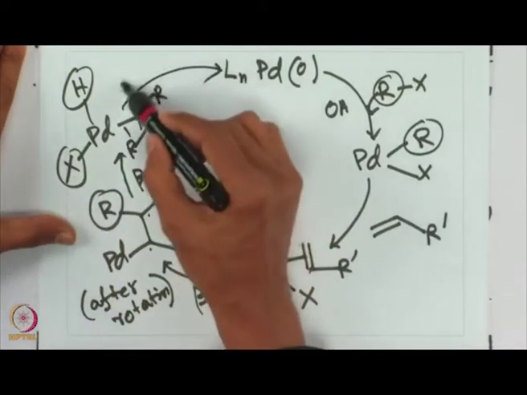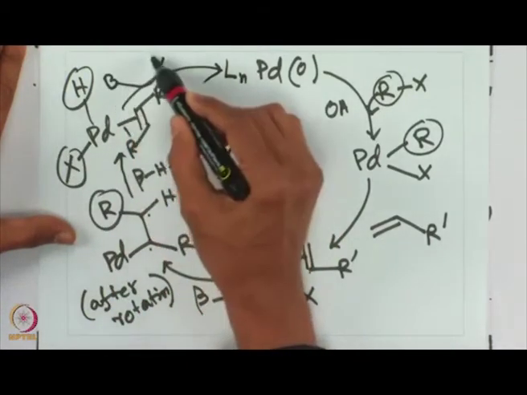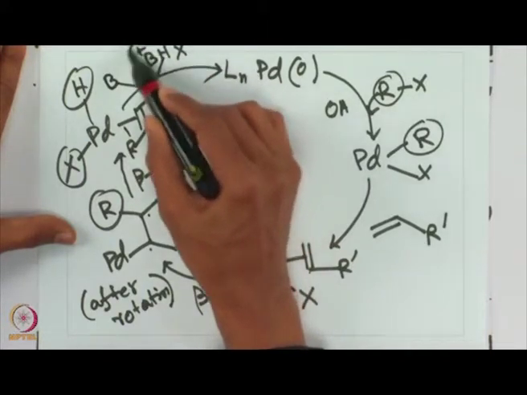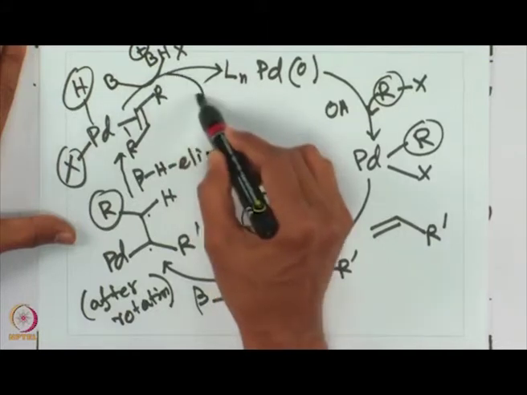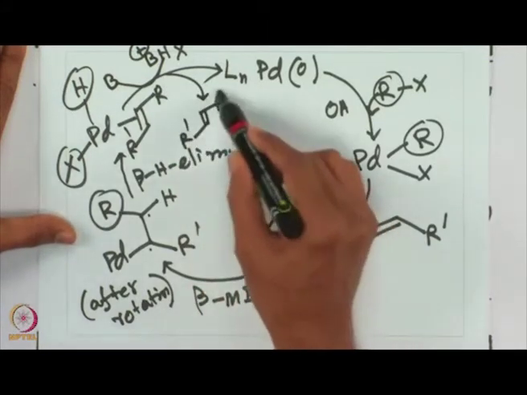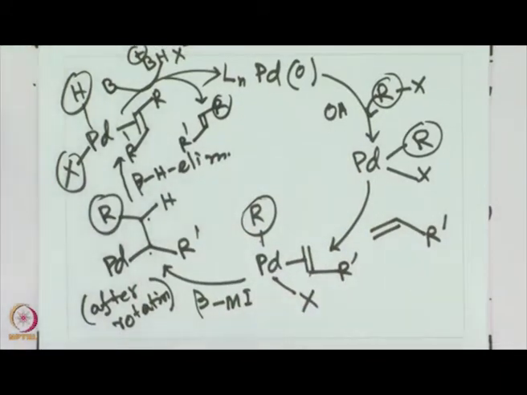In the final step, the base comes in to give BH+ and X minus, and the product formation, that is R-olefin-R prime. That is the cycle we are drawing.